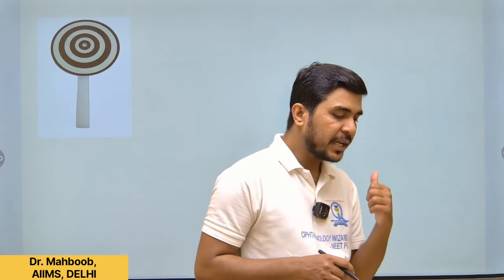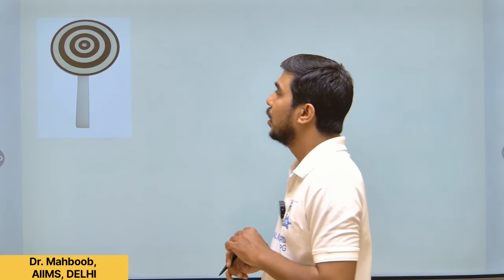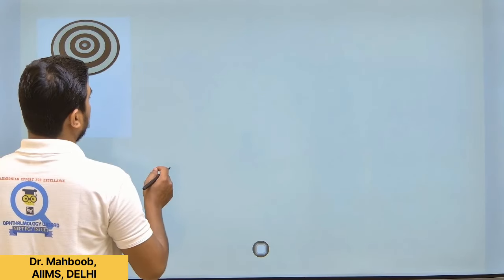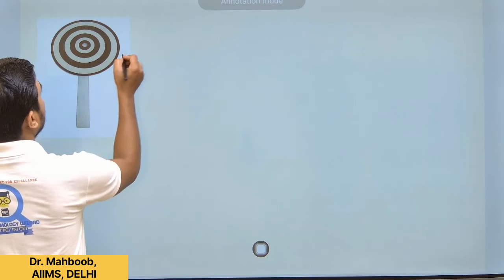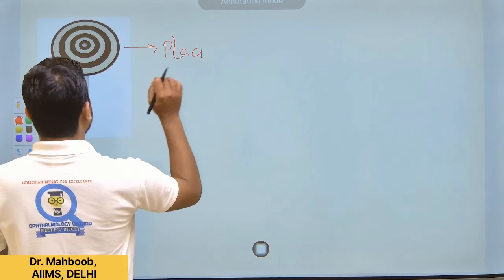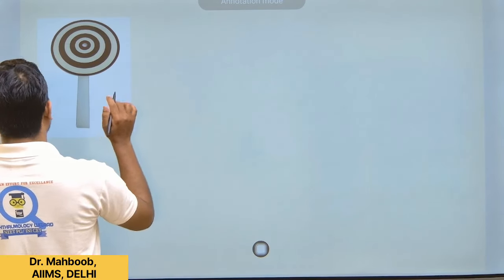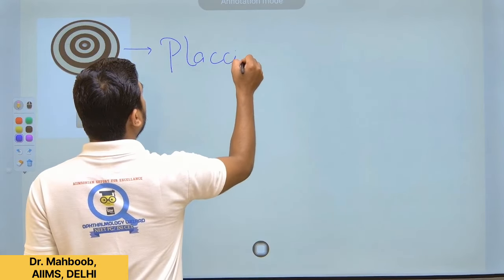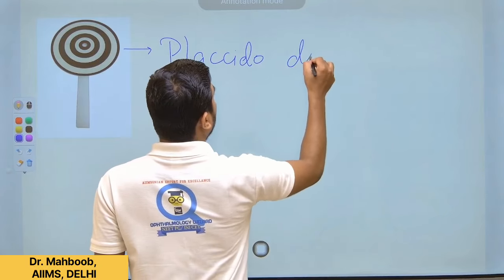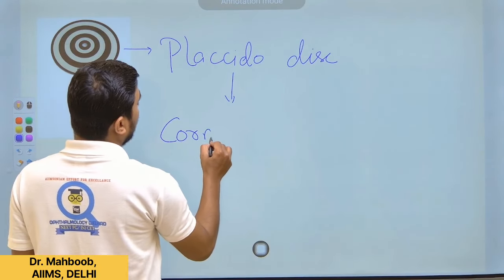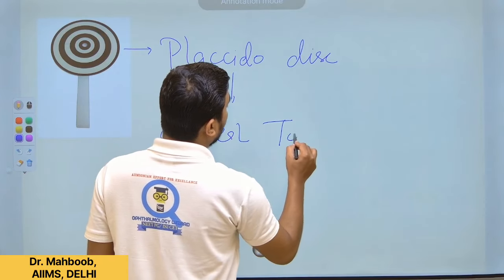This is again an optical instrument for corneal curvature only. The name of this instrument is Placido disc, and it is used for corneal topography.